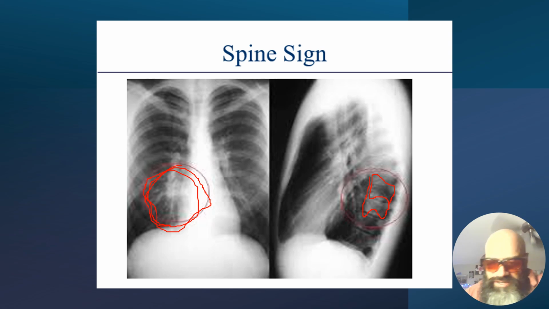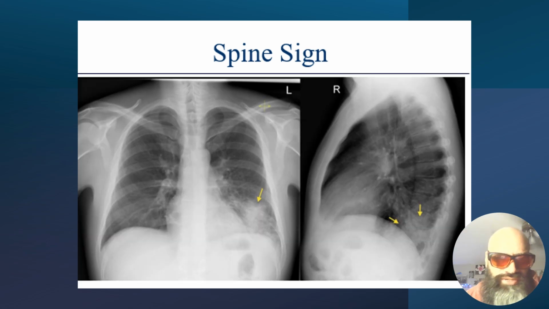They should appear black or darker, but they appear white due to the fluid accumulation in its presence. So as you can see here, there's a left lower lobe fluid consolidation, loss of cardiac borders, a loss of costophrenic angle.